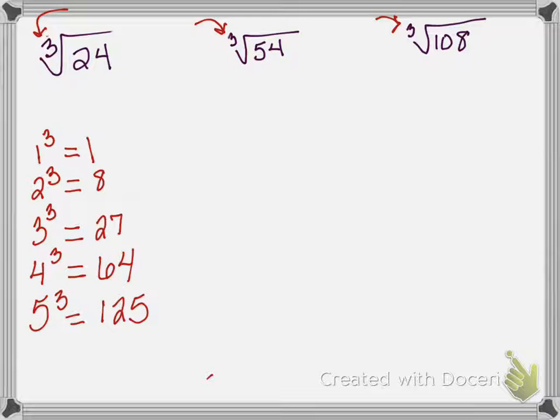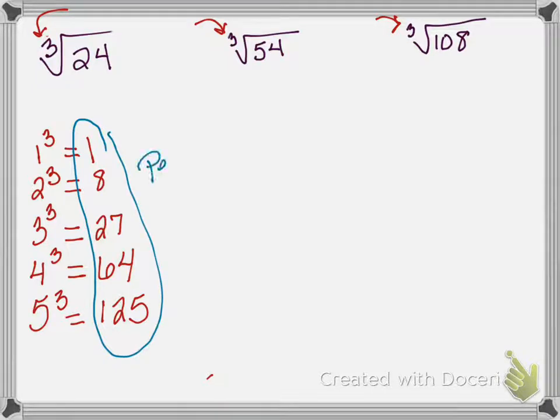Okay, and usually 4 is as high as we go. But I go ahead and throw 5 in there. It's not as natural to find a perfect cube factor. These are the perfect cubes right here. So it's a little bit more natural for us to find perfect square factors.